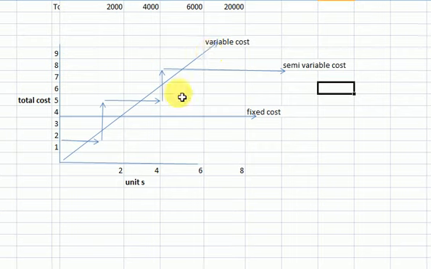Whether semi-variable cost or semi-fixed cost, it is variable in total as well as variable per unit. So I hope you will understand these things.